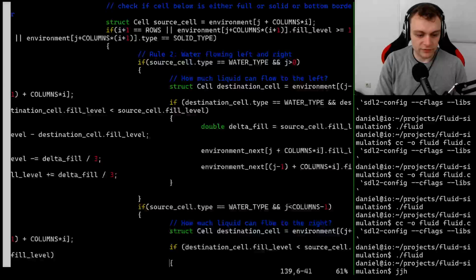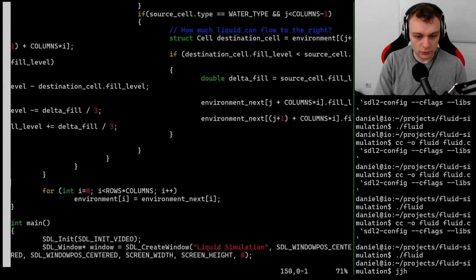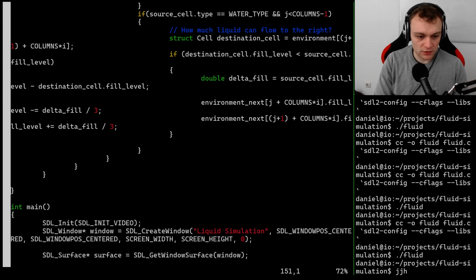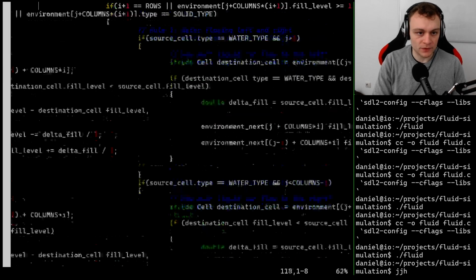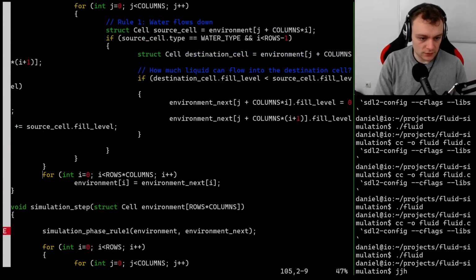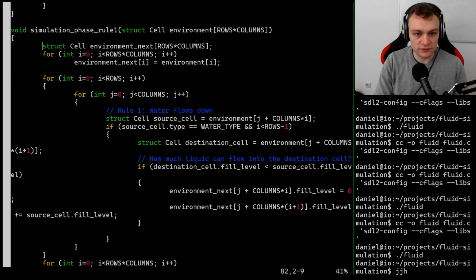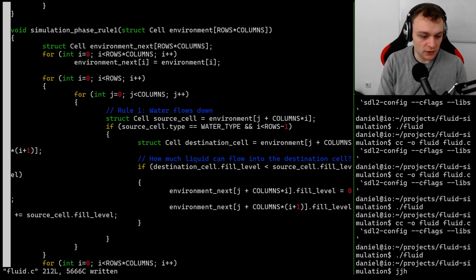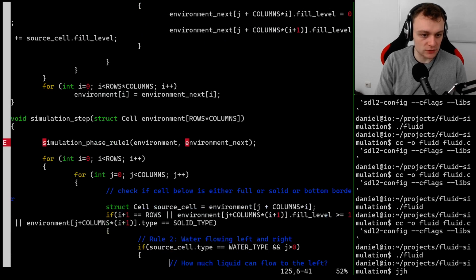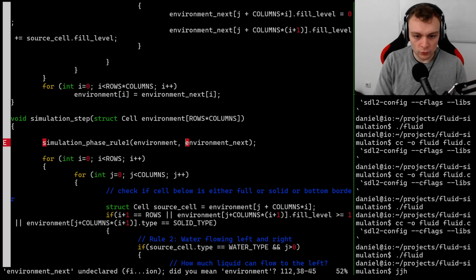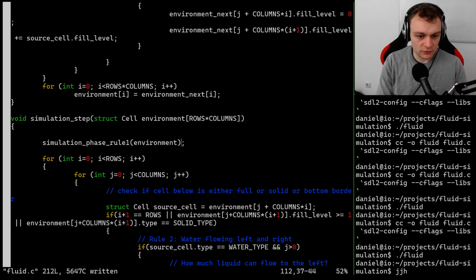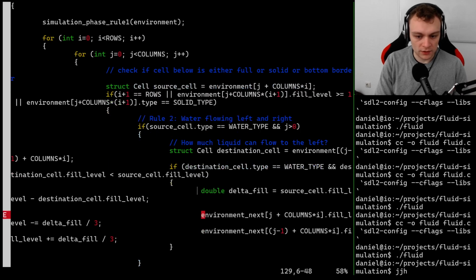And then at the end of this method, we also write the next environment into the current environment. Okay, so this is a fully encapsulated simulation phase that acts on the environment array. We don't need to pass any temporary array into it, and the results should be written back into environment at the end of that method. Now we can delete that parameter, and that should be simulation phase rule 1.